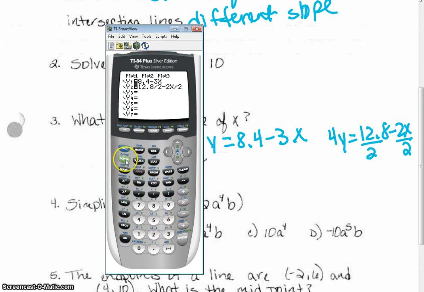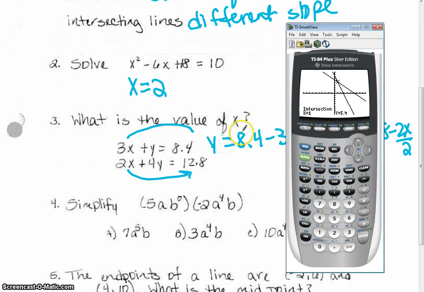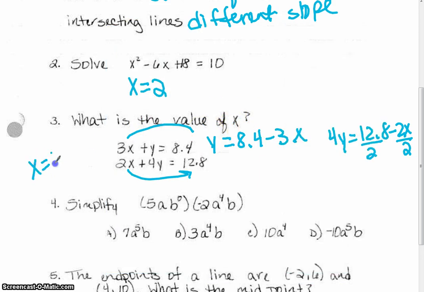When you have things at both, you're going to go second, calc 5 for intersect. You're going to let it draw. You're going to press enter, enter, enter. And x is 1 and y is 5.4. They want to know x, and so all you have to tell them is x equals 1.